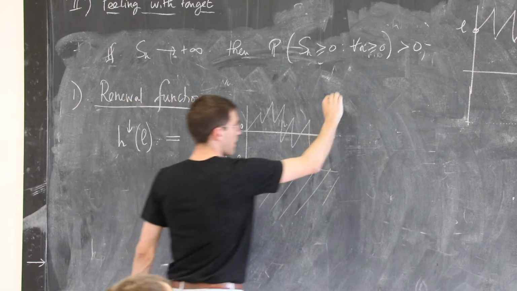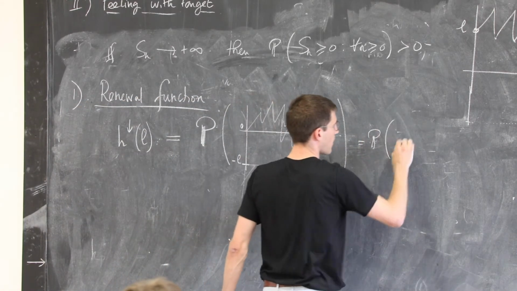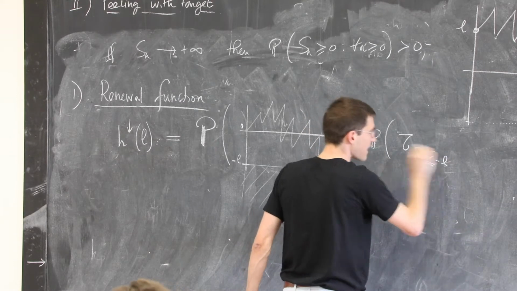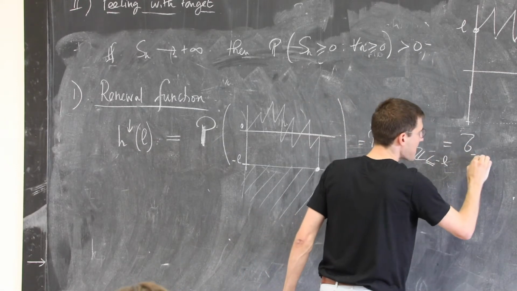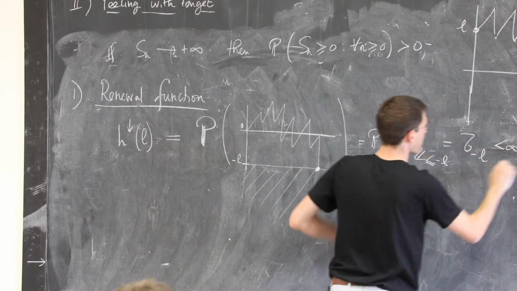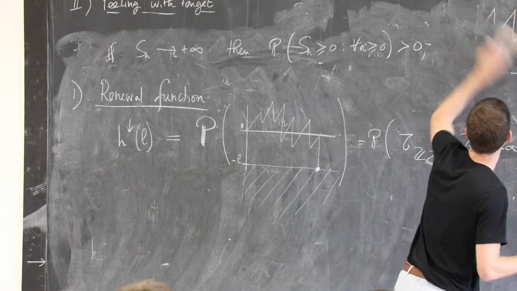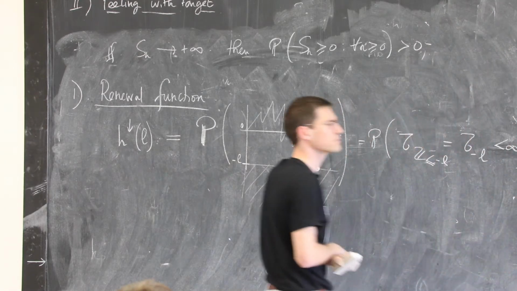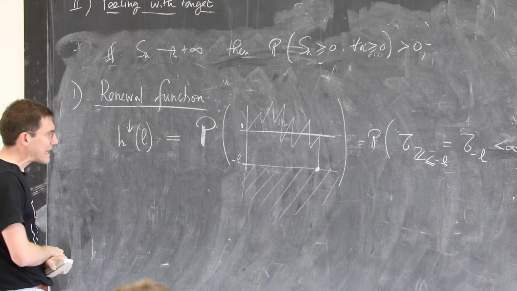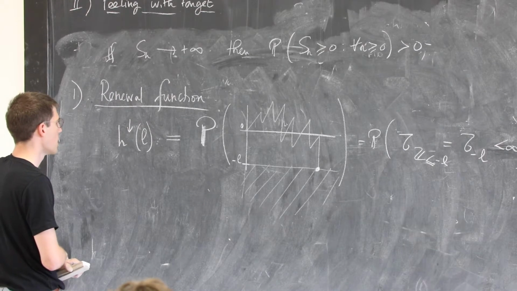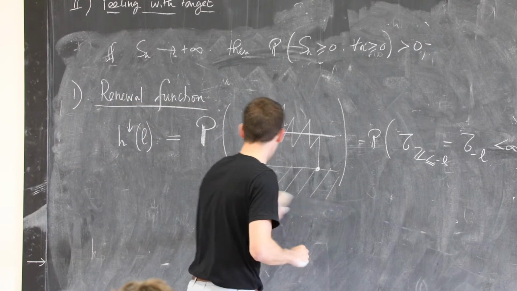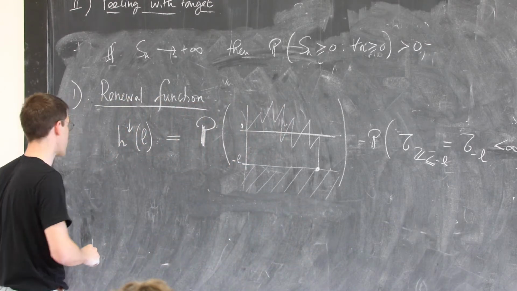So that's the probability that the hitting time of the set z less than minus L appears exactly at minus L, and this is finite. That's the probability to enter this half space exactly at L. Right? That's a function, and it's easy to see that this function is harmonic.